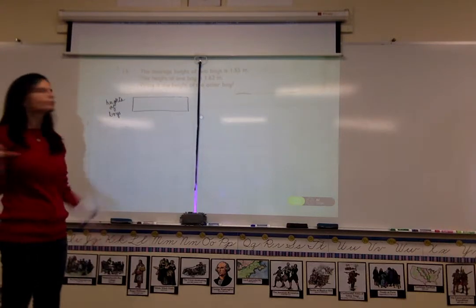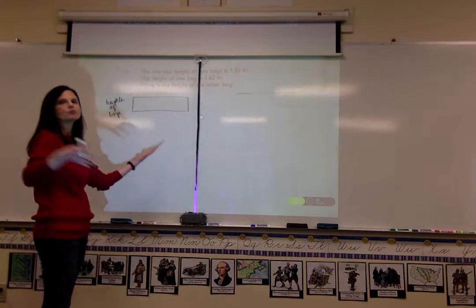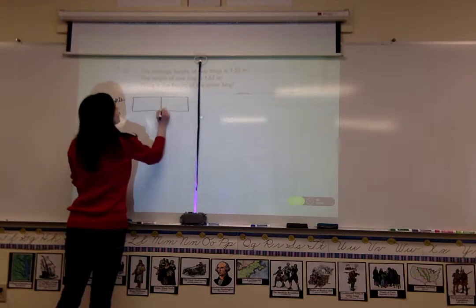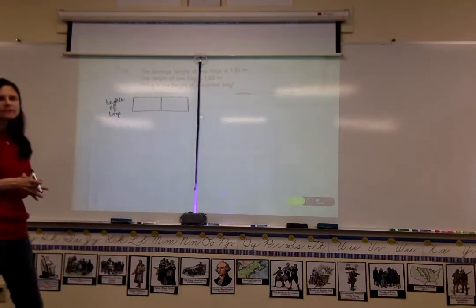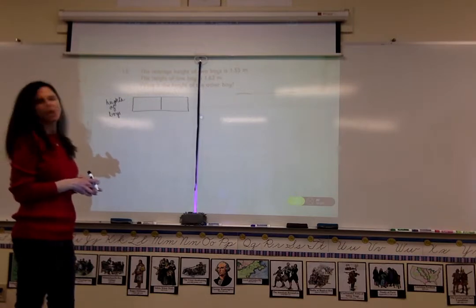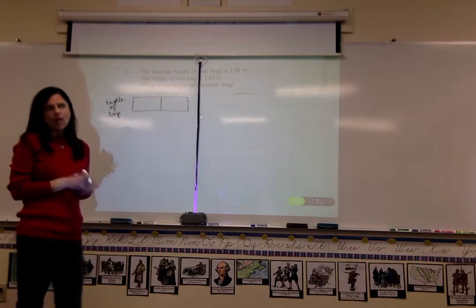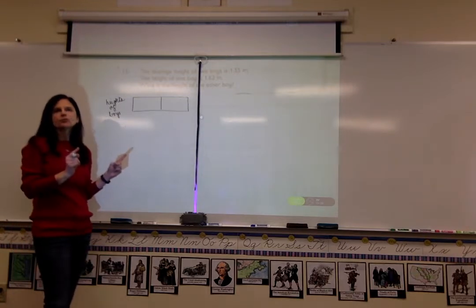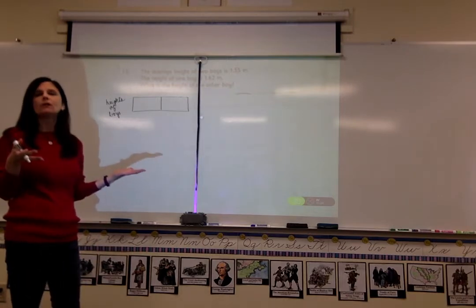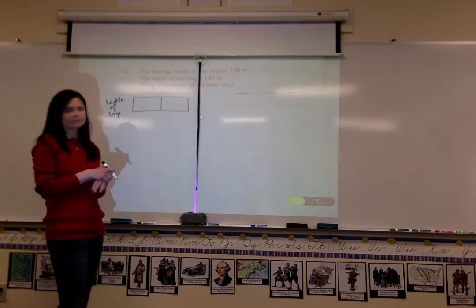Now, they're not going to be equal units because we know that one boy is one height, and we're trying to figure out the height of the other. So we really don't know. It doesn't matter, but let's just divide it here. Let's take a look at what we are given. We're given that the average height of the two boys is 1.55 meters. So we can use that average to determine the total height, right? Because we know that the total is the average times the number of groups.